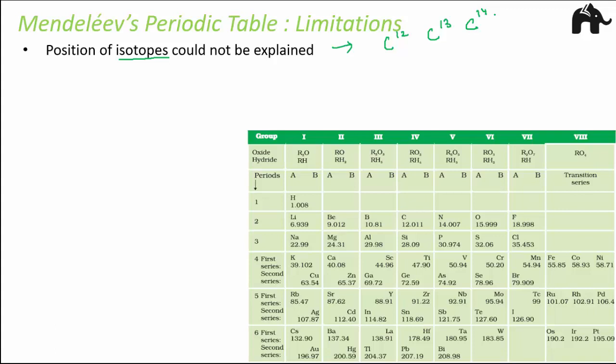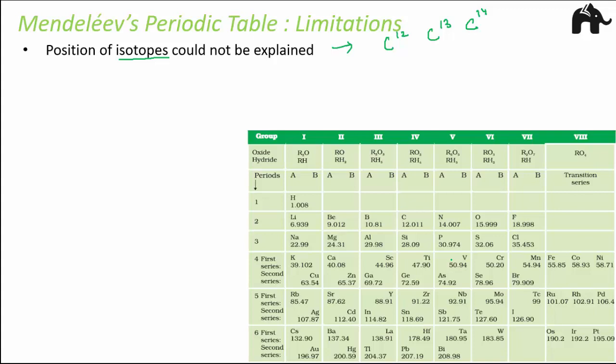Now this periodic table could not accommodate the isotopes because the elements were placed based on their atomic masses. Right? So as per this logic, all these three different isotopes will occupy different positions on the periodic table. But at the end of the day, they are all the same element. So obviously they are going to have a lot of similarity in their properties.